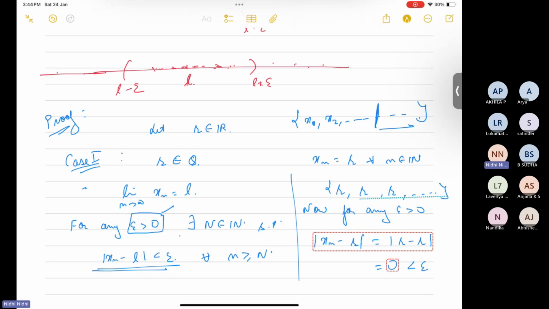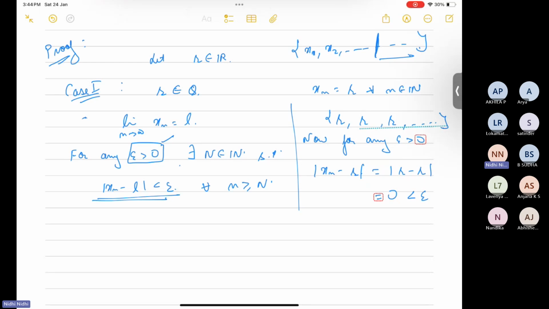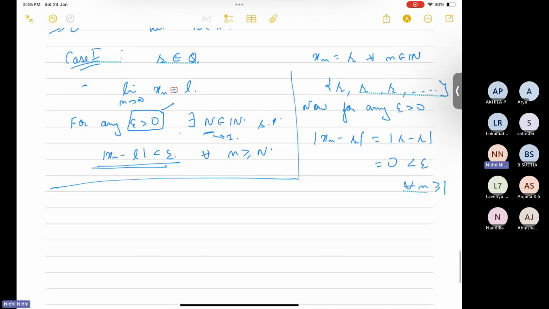This will always be less than epsilon because you gave me a positive epsilon. I'm saying that |xn minus R| is always 0, which will be less than any epsilon you give. And this is happening for every n greater than or equal to 1. In this case, this capital N is 1. So this implies the limit as n tends to infinity of xn is just R.